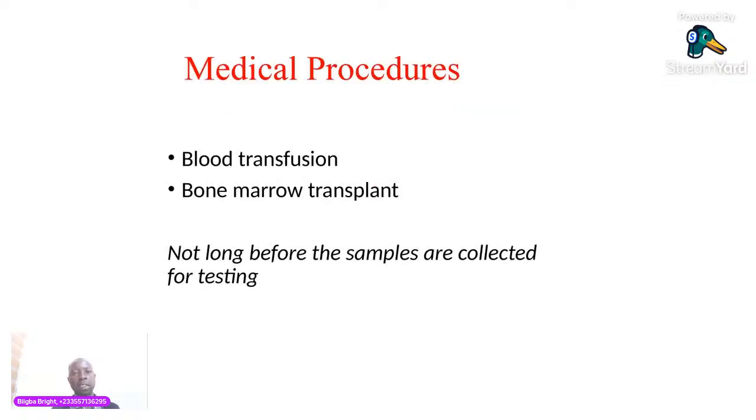Now, the other thing is medical procedure. Medical procedures, in the case of blood transfusion and bone marrow transplant: if the people you are going to test have been transfused with blood, the blood comes with its own genetic material, which is also DNA.